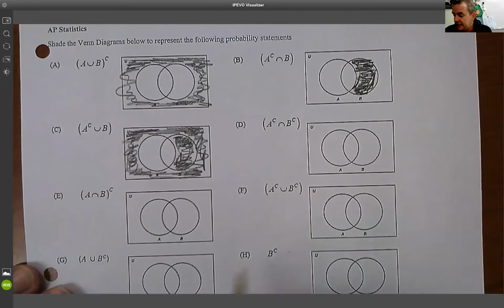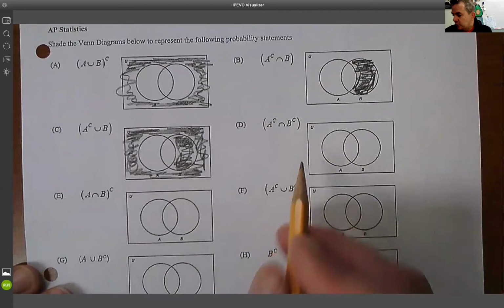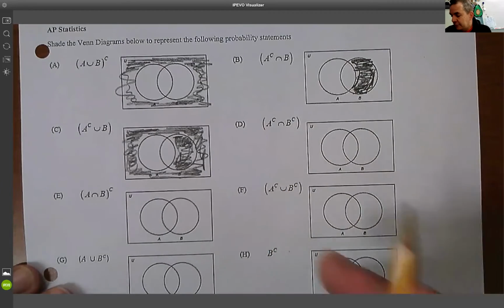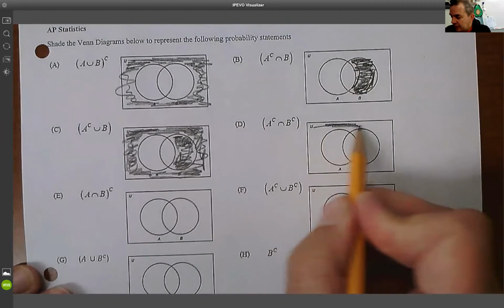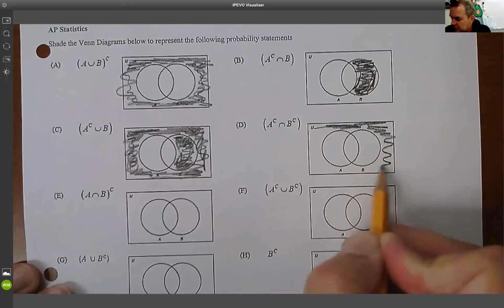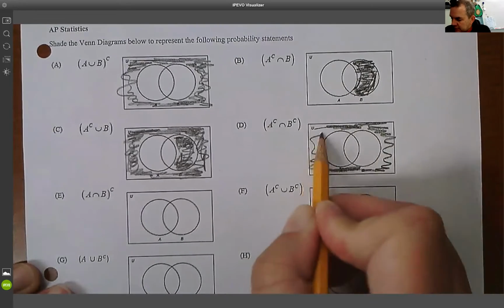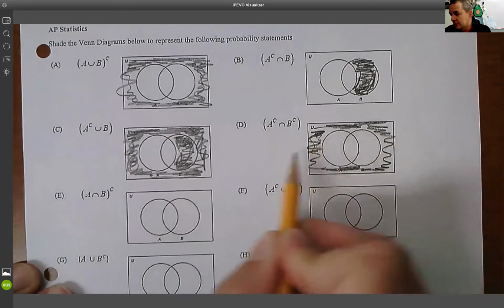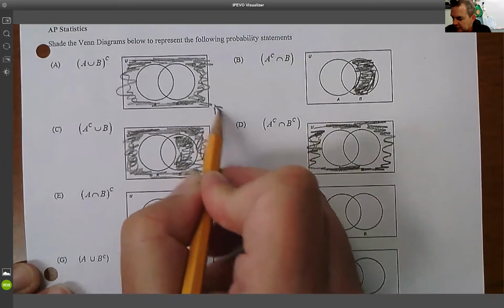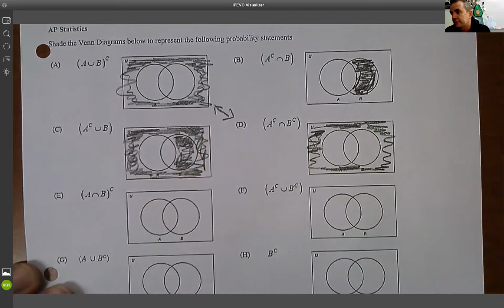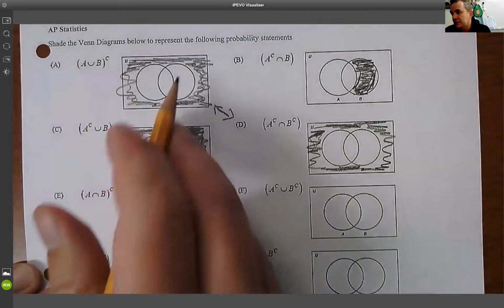So basically what this is saying is, what is the intersection of those two? What is it that they both have? In this case, they both have the outside box. And if you look at this, these two right here are the same thing. These are basically saying the same thing.